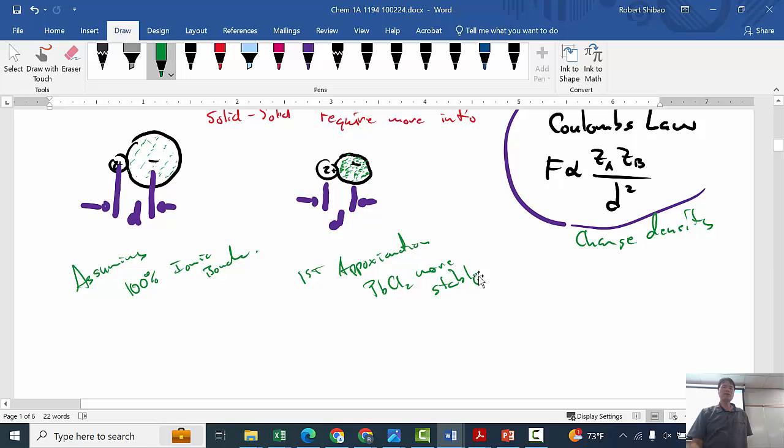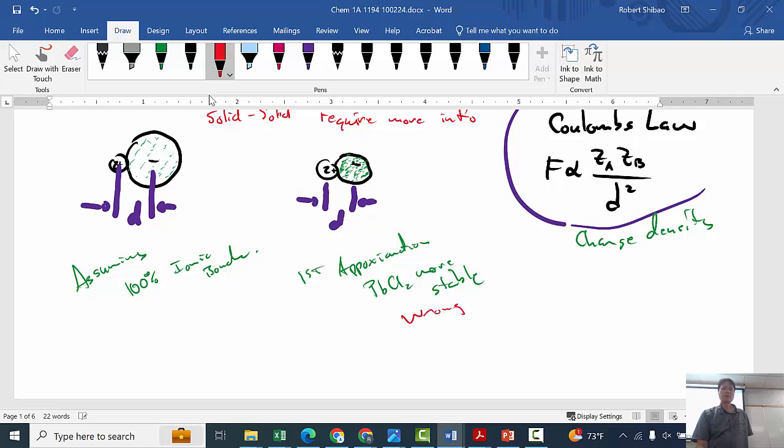So this first approximation was not good. This is wrong. It means that we need to factor in other things like covalent character. We have a range of bonds from covalent to ionic, and in between would be called polar covalent. So the bonding probably isn't 100% ionic, especially with heavy metals like this.